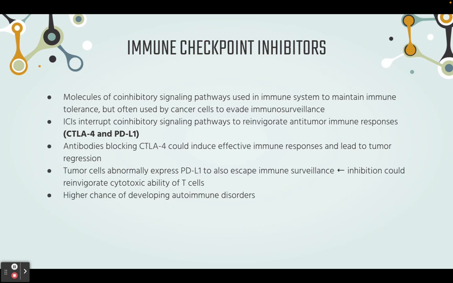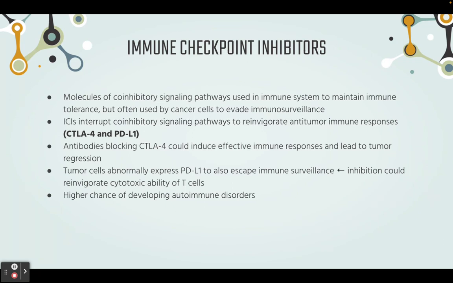So ICIs, immune checkpoint inhibitors, interrupt those co-inhibitory signaling pathways to reinvigorate the anti-tumor immune responses. So it's blocking CTLA4 and PD-L1. That could induce more effective immune responses because you're not having that regulation that's suppressing the T cell response, and it's reinvigorating the cytotoxic ability of T cells.